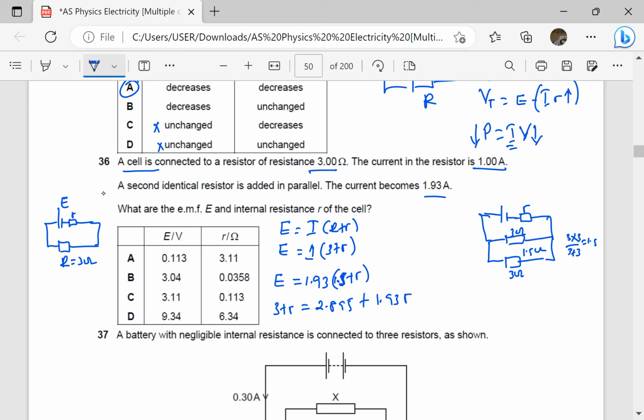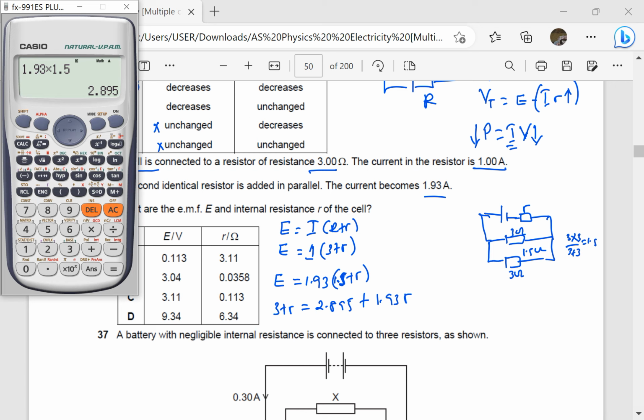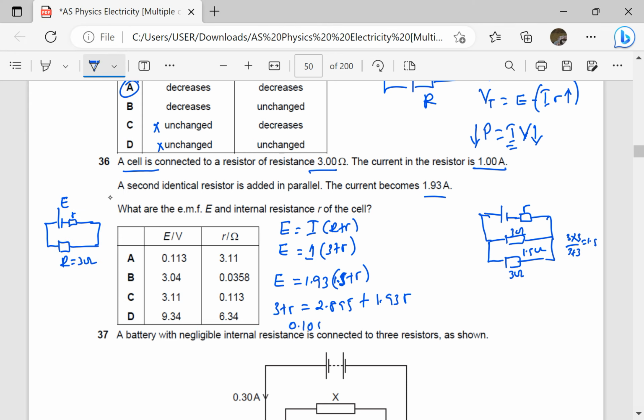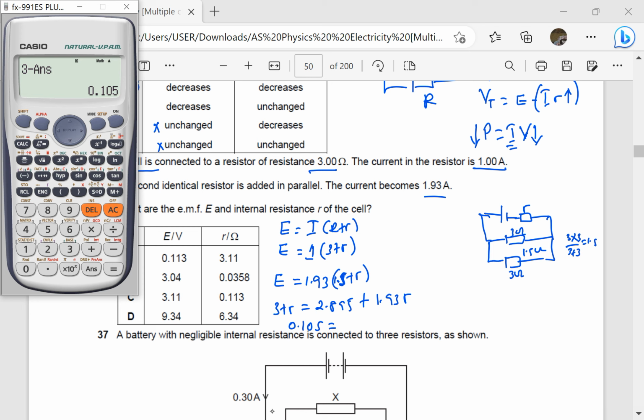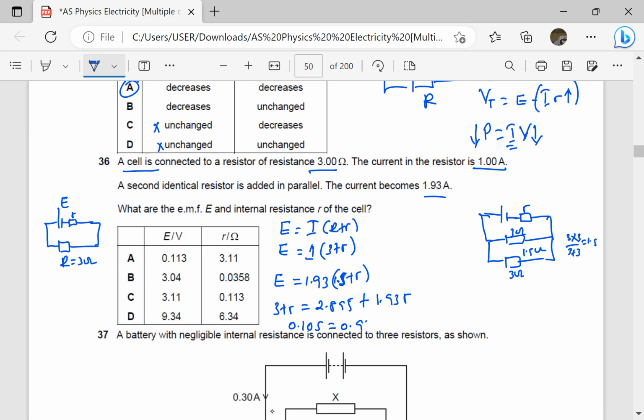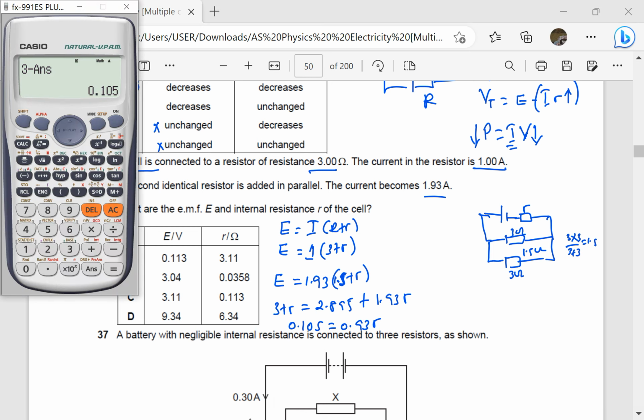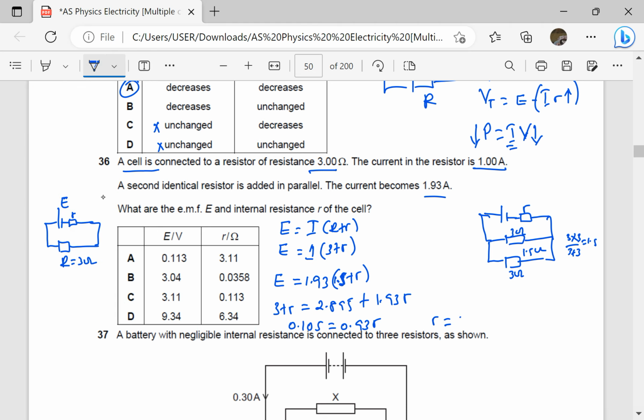I'll collect like terms: 3 minus 2.895, which is 0.105, is equal to 1.93 minus 1, which is 0.93r. So that answer divided by 0.93 is 0.113. So small r is going to be 0.113.